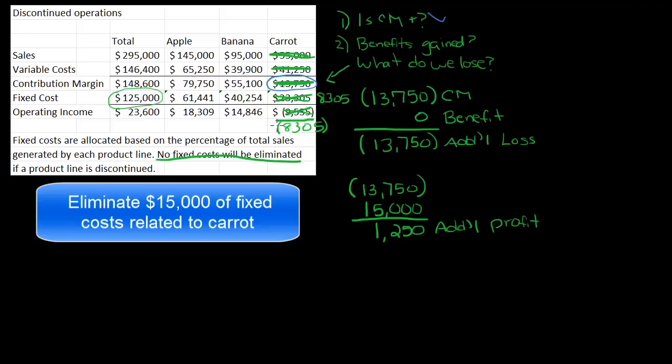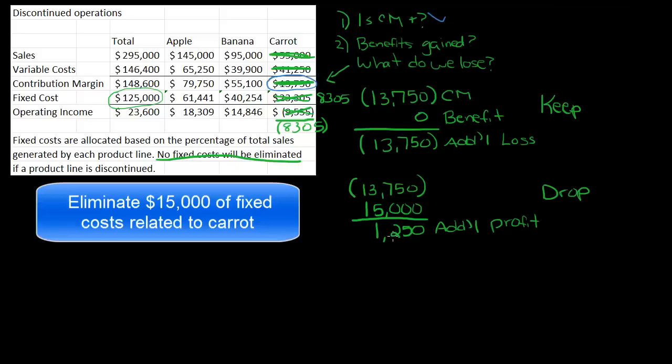Well, that's a little bit better, right? So in this case, you would get rid of the carrot division because our loss would be less than it is right now. So in the first case, we keep it. Okay, in the second case, we drop it.